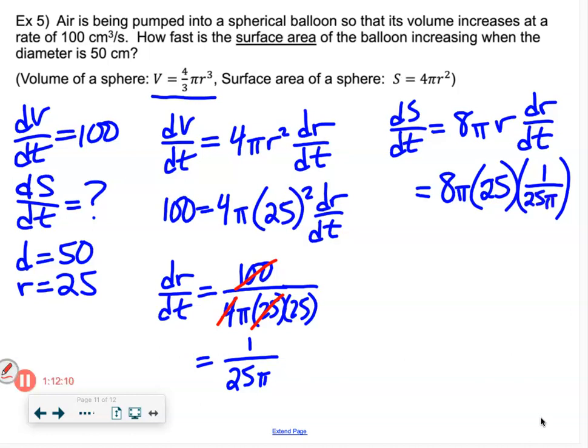So canceling the 25s and the pi's, we end up with dS/dt equals 8. And the units for surface area would be centimeters squared, and the units for time were in seconds, so it'd be 8 centimeters squared per second. That's it, guys.